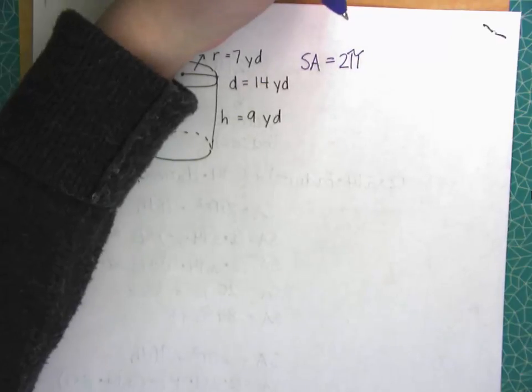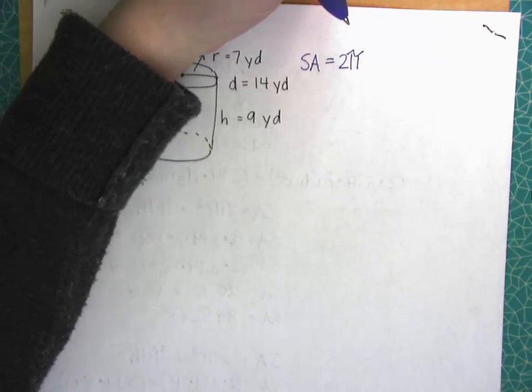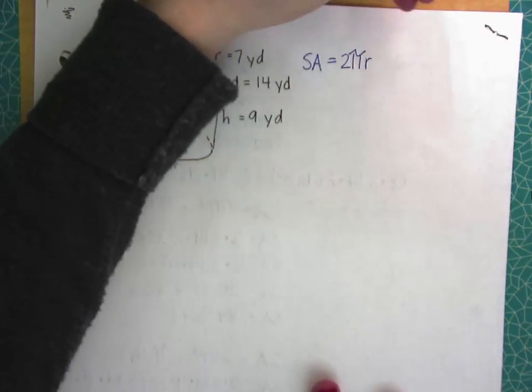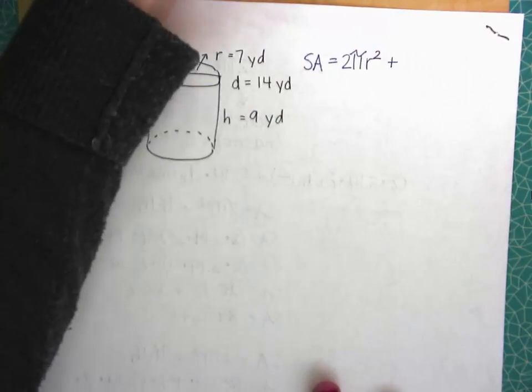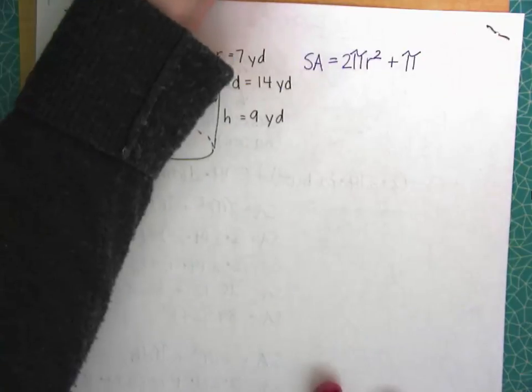Well, before we plug the numbers in, just tell me what the formula is. 2 times pi times radius squared, plus pi times diameter times height. Good.